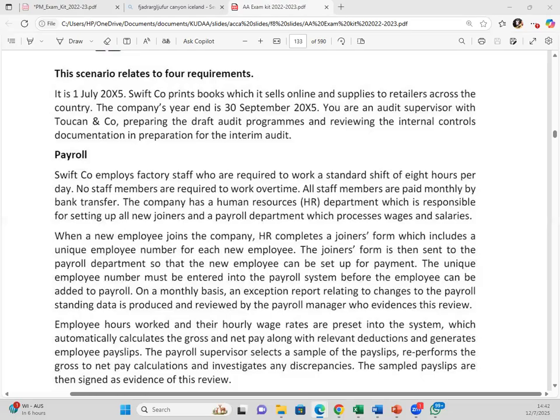Okay, it is 1 July 20X5. Swift Company prints books, which it sells online and supplies to retailers across the country. The company's year end is 30 September 20X5. You're an audit supervisor with Toucan and Company, preparing the draft audit programs and reviewing the internal control documentation in preparation of the interim audit. So that was an introduction.